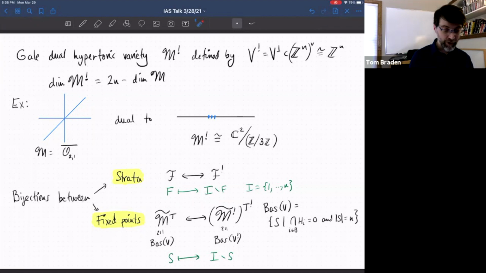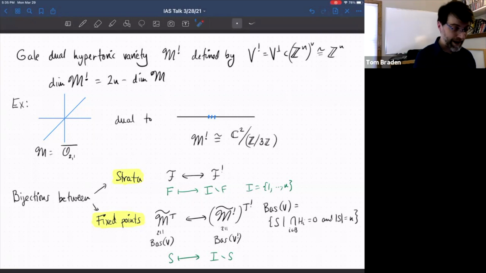And furthermore, there's also a bijection between fixed points of the resolutions, which is going to be important later. The fixed points of the resolution are indexed by bases of the arrangement, which are basically subsets of hyperplanes which intersect to the center point, but transversely, so that there's a minimum number of such.